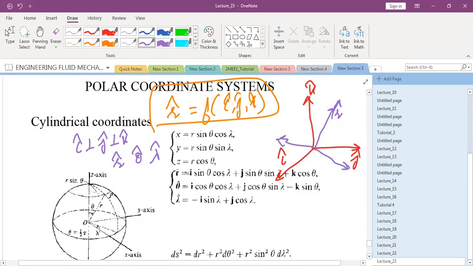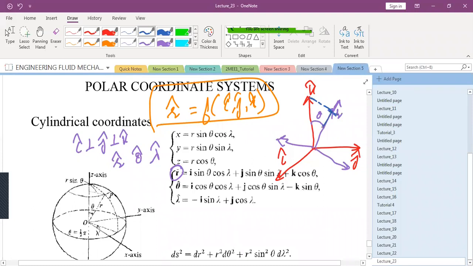Now I want to write down r cap as a function of i, j and k cap. How will I do it? Let's start with the simplest case. This is angle theta. What will be the contribution of k cap onto r cap? I will simply make a projection of k cap onto r cap.